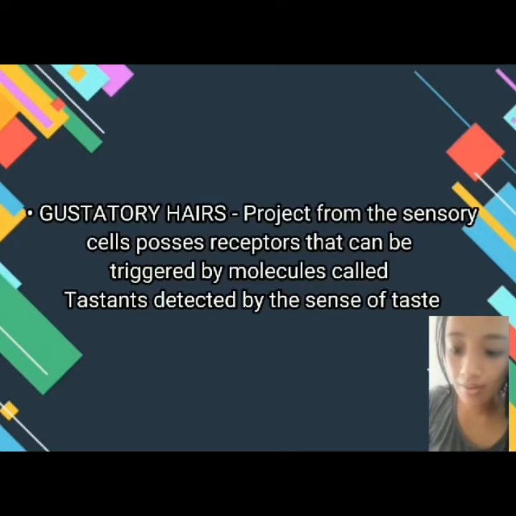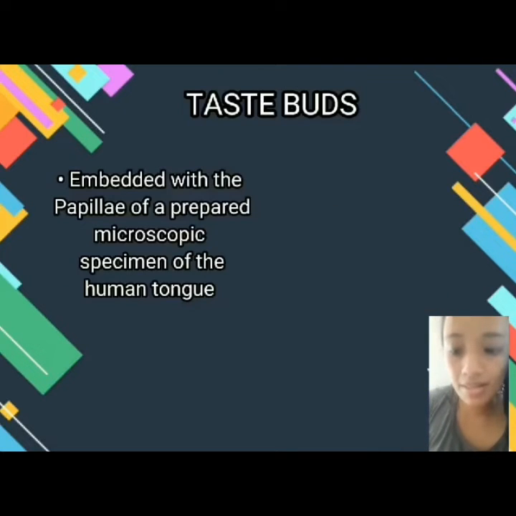Gustatory hairs from the sensory cells possess receptors that can be triggered by molecules called tastants, detected by the sense of taste. Taste buds are embedded within the papillae of a prepared microscopic specimen of the human tongue.